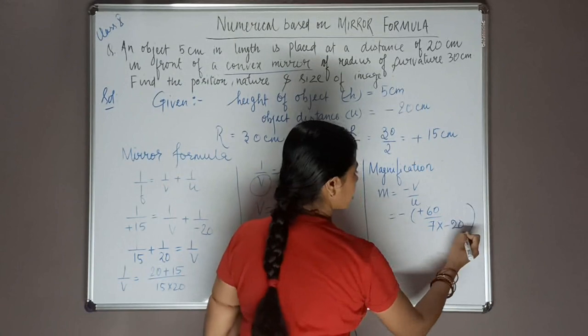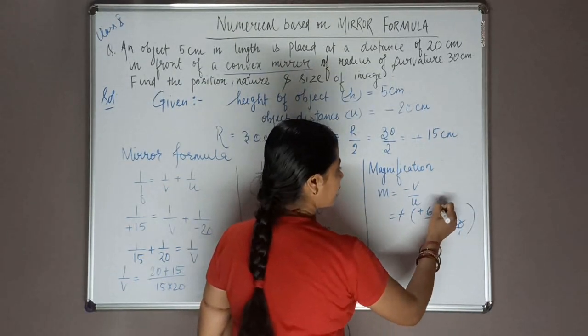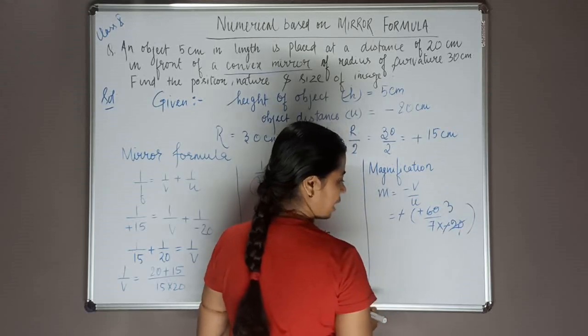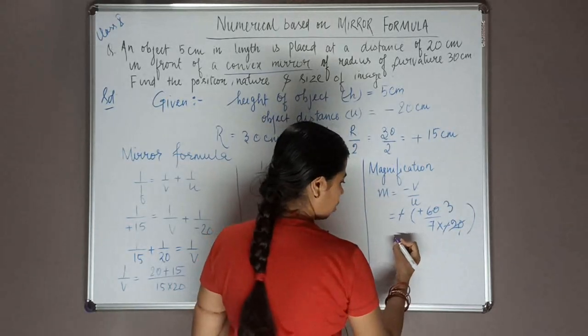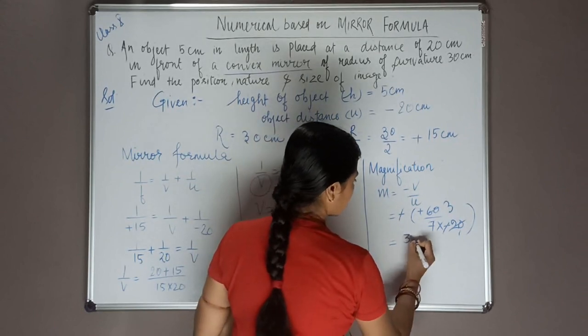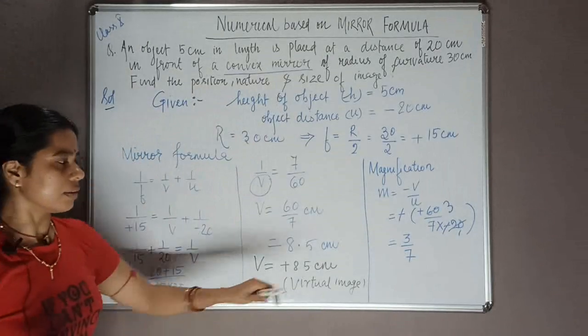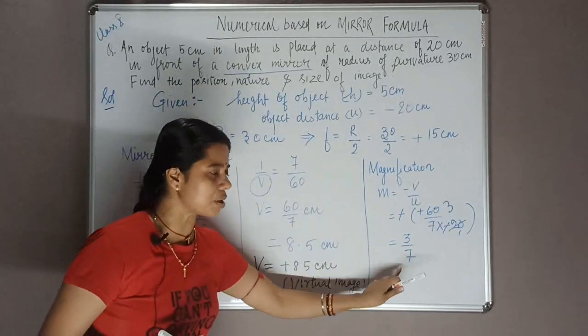Minus minus cancel out. This is 1 times, this is 3 times. So you can find it. Magnification is 3 by 7.